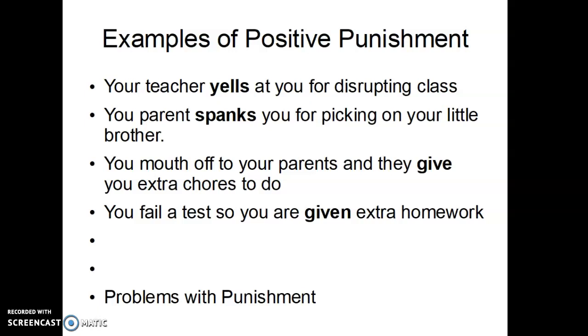Punishment, particularly positive punishment, is problematic, and I encourage you to look at this section in the book for the test, but the main thing we find is it has a lot of negative outcomes. So think about that class that you hated most in your life, and it probably was a really strict teacher that yelled all the time. The teacher may have gotten good behavior, but how much did you really learn in that class?